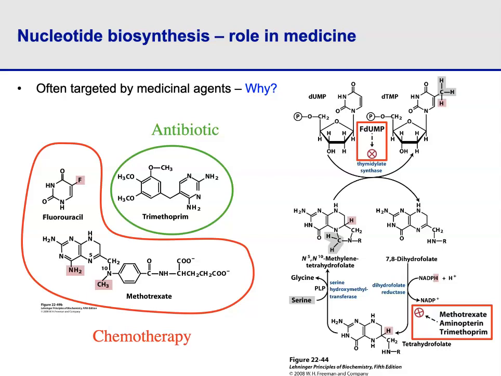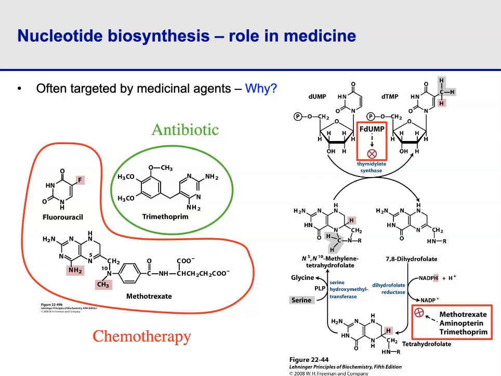What are the other cells? Bacteria. So naturally, if we can control the de novo synthesis of nucleotides, we will affect these fast-dividing cells because they're going to be the ones needing a lot of nucleotides. And in those cells, nucleotide synthesis will be active.